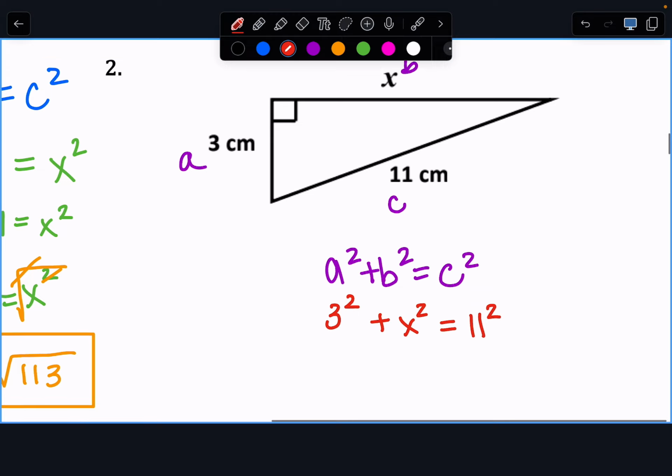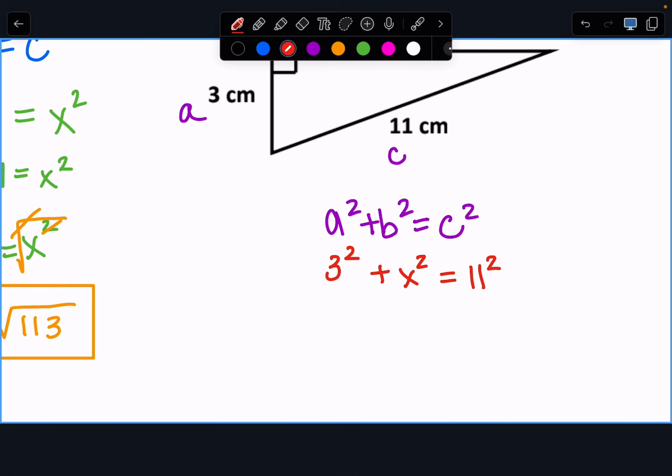Okay. Now, what's 3 squared? 9. What's 11 squared? Okay. Again, you have your calculator if you forget.